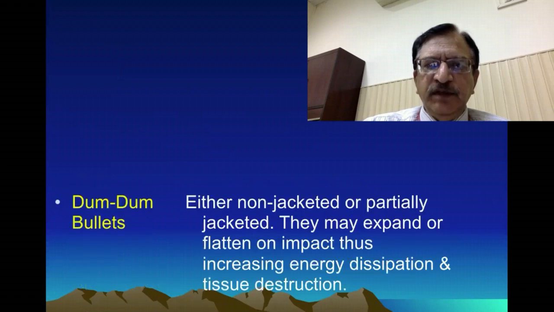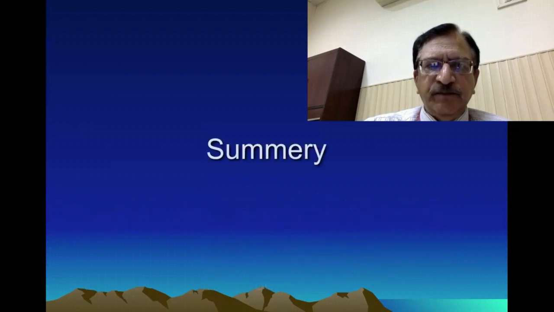Then the dum-dum bullet we have discussed. They are either non-jacketed or partially jacketed. They expand in flight. They flatten, they disperse into a flower shape, and they dissipate much energy to the tissues.